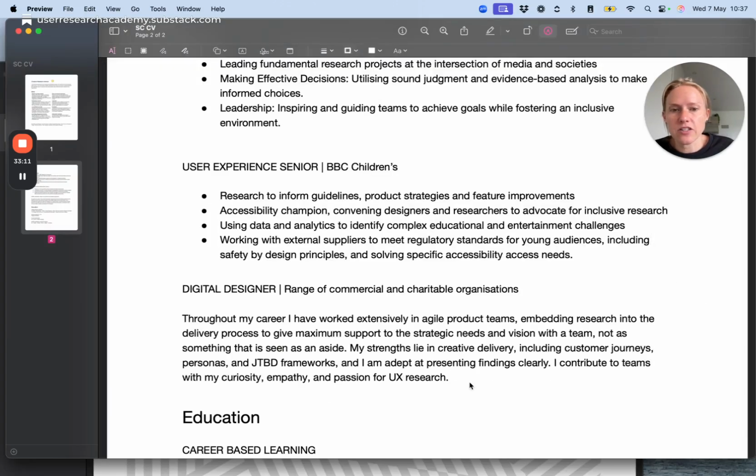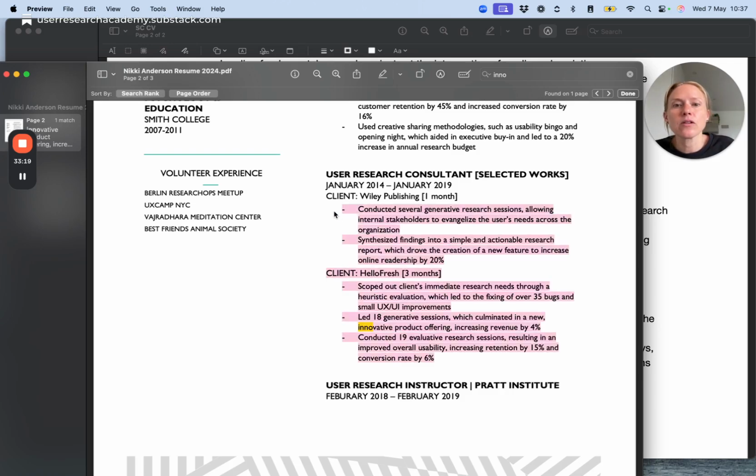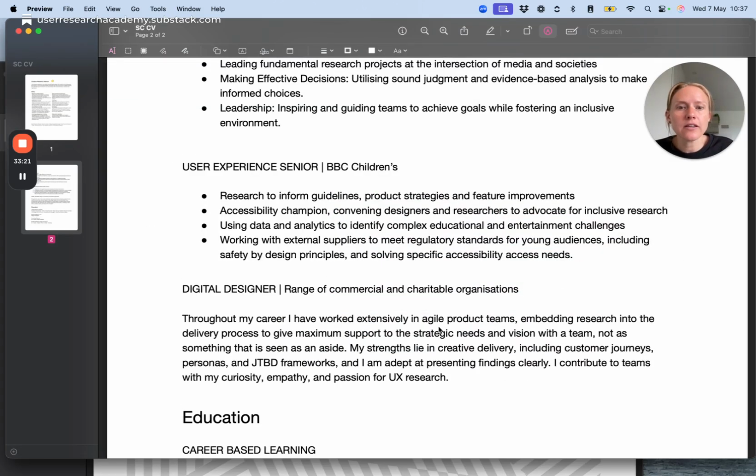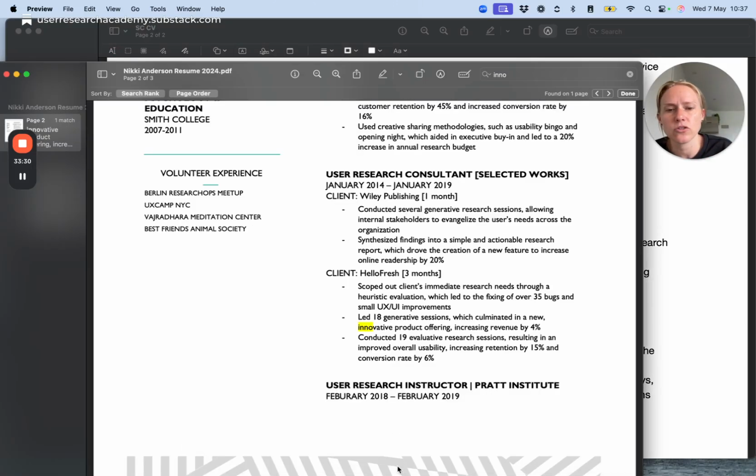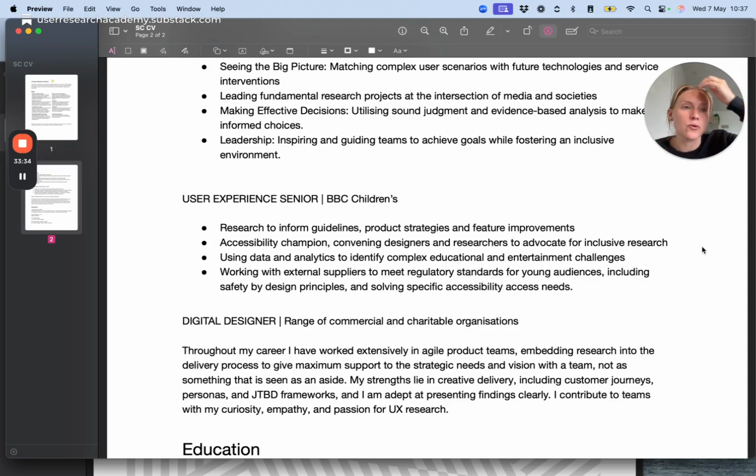So instead of this really broad stuff here, which doesn't tell me as a hiring manager anything really, list out a few different clients and think, what was the before, what was the after, what were some snapshots of things that I did? Usually with consultancy work, I only do two or three, especially if you have quite a few.